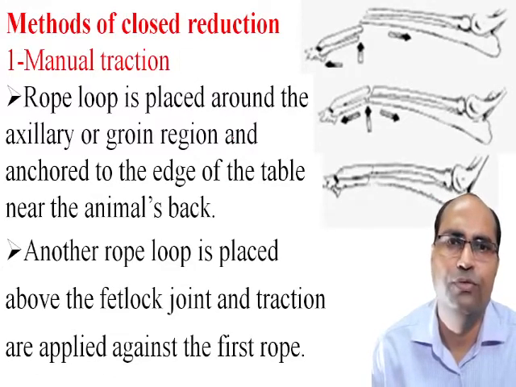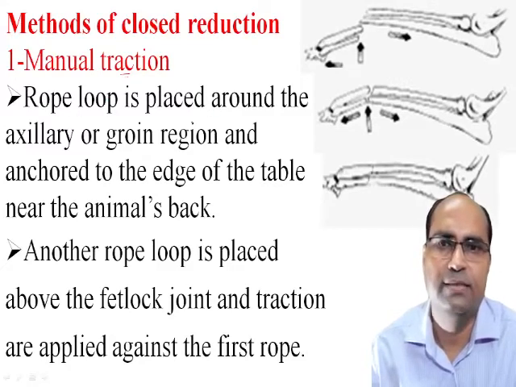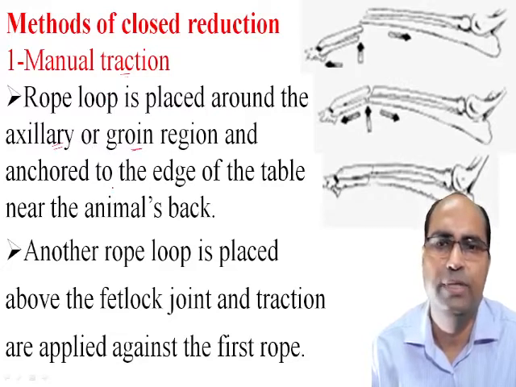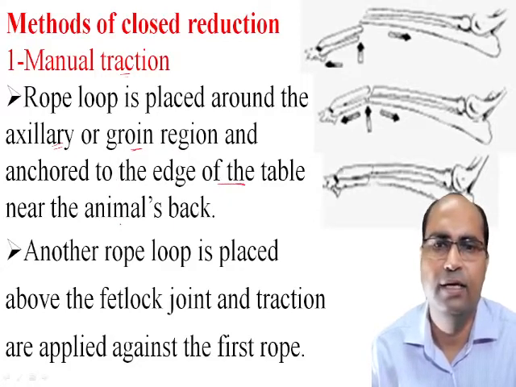Methods of closed reduction. First is manual traction. A rope loop is placed around the axillary or groin region and anchored to the edge of the table near the animal's back.